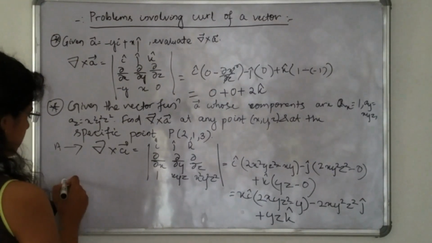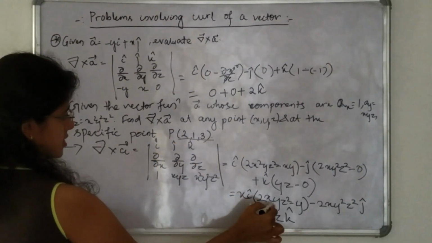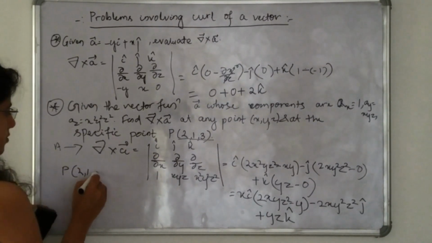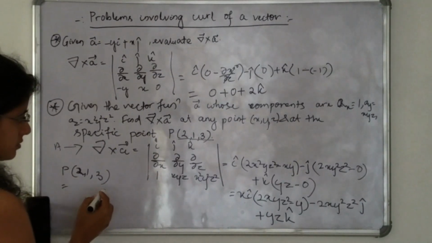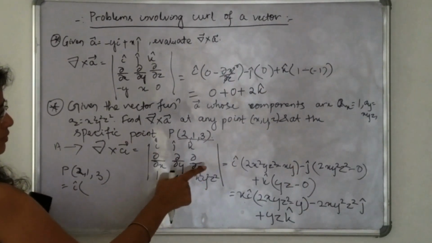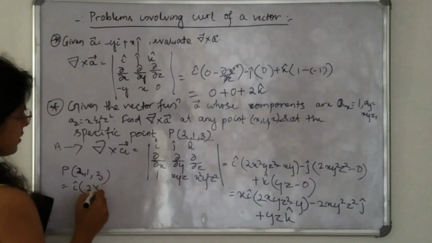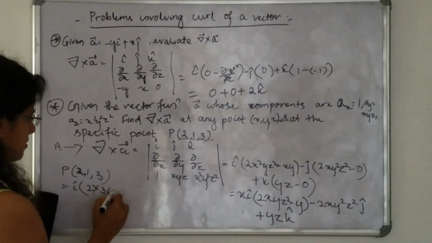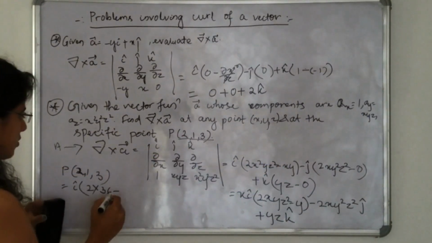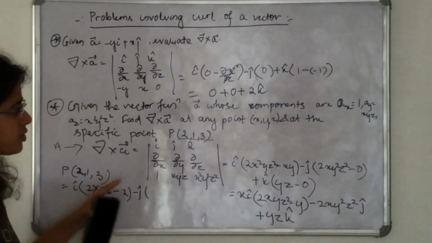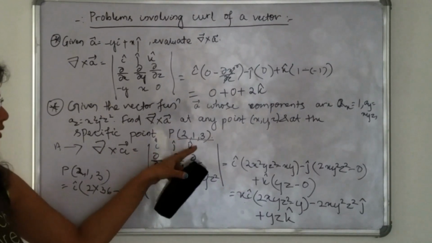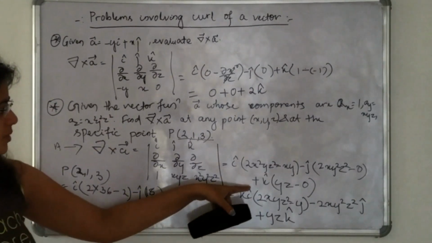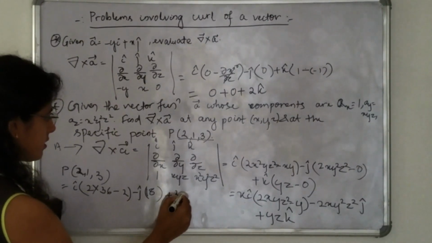So if we put these values in the corresponding x, y, z places, then at the specific point P 2, 1, 3, it is i cap 2x square y z square, that is 2 into 4 into 1 into 9, that is 72, minus xy, that is 2 into 1 is 2, so 70 i cap, minus j cap 2x y square z square, so 2 into 2 into 1 into 9 is 36, hmm, 18 j cap, plus k cap yz, that is 3 k cap.